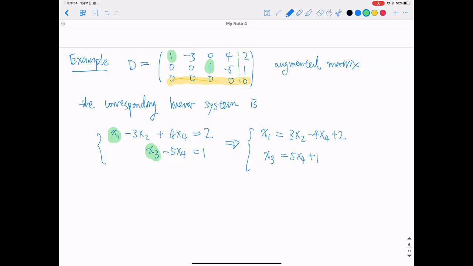So certainly these two are just equivalent to the two equations we have. And you observe that x2 and x4 can be arbitrary.